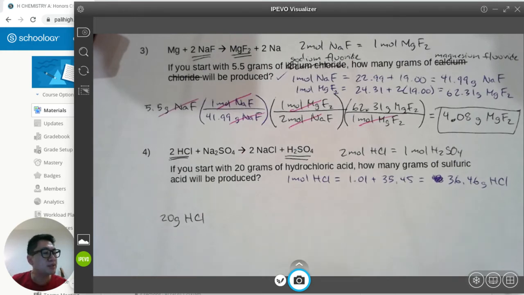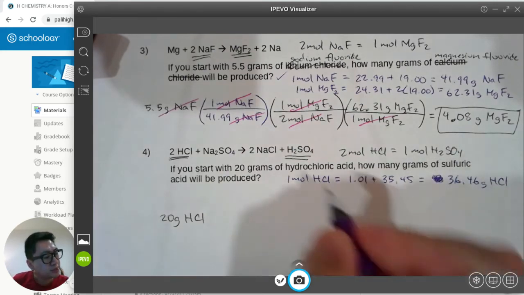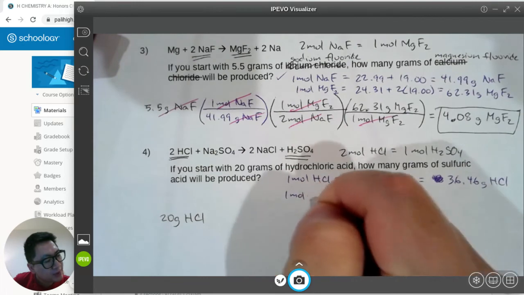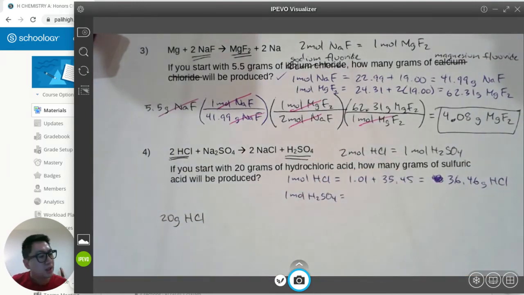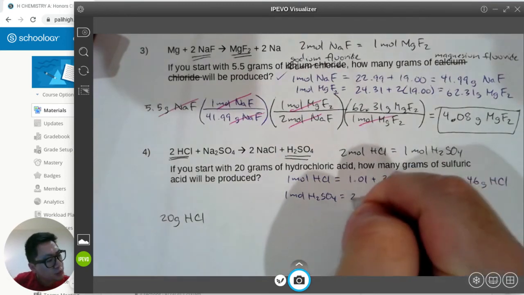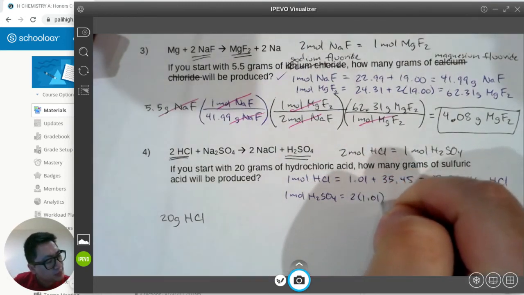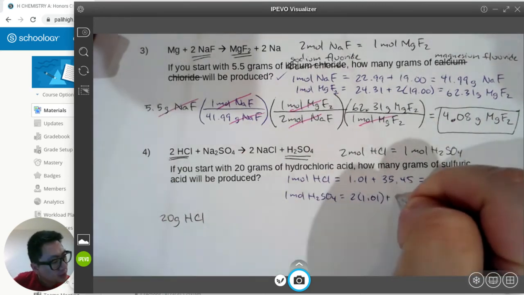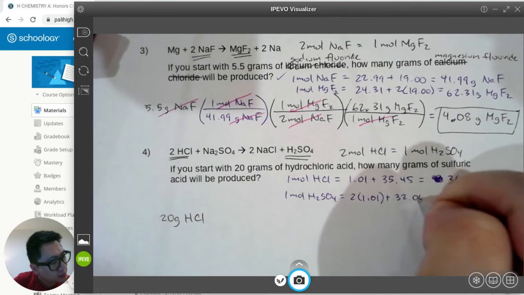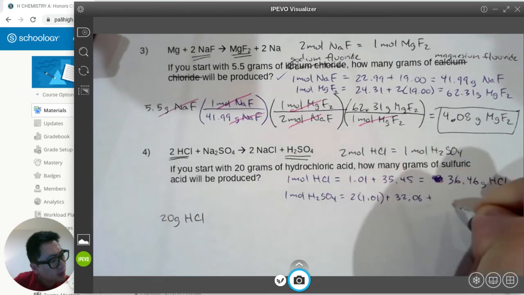Since I'm at this, I might as well find the molar mass of H2SO4 now. I will need this at some point. This is 2 hydrogens, 1 sulfur, and 4 oxygens. 2 times hydrogen's 1.01, sulfur I think is 32.06, oxygen 4 times 16.